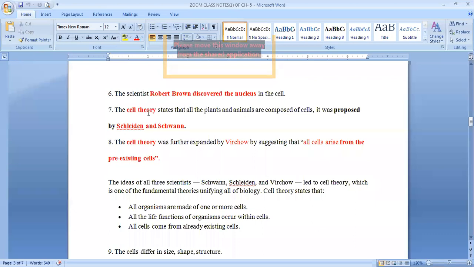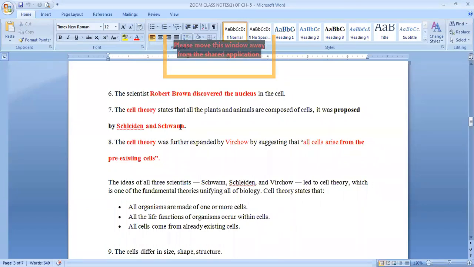Next is the cell theory, which states that all the plants and animals are composed of cells. In the starting, this statement was proposed by the scientists Schleiden and Schwann. What does it mean? Now all of you mostly know that all the plants and animals are made up of cells.